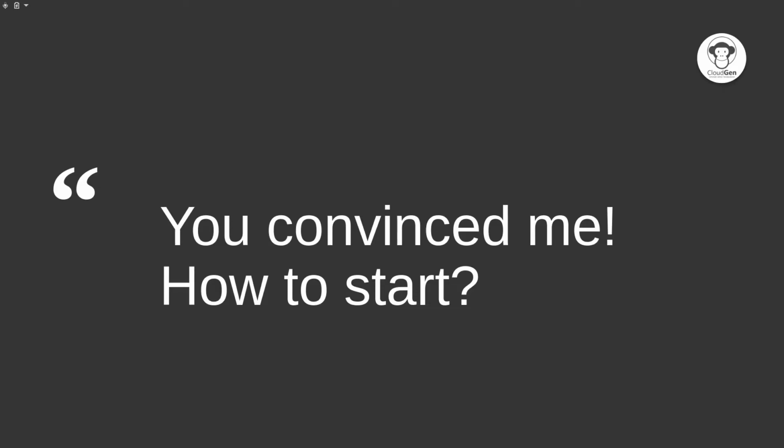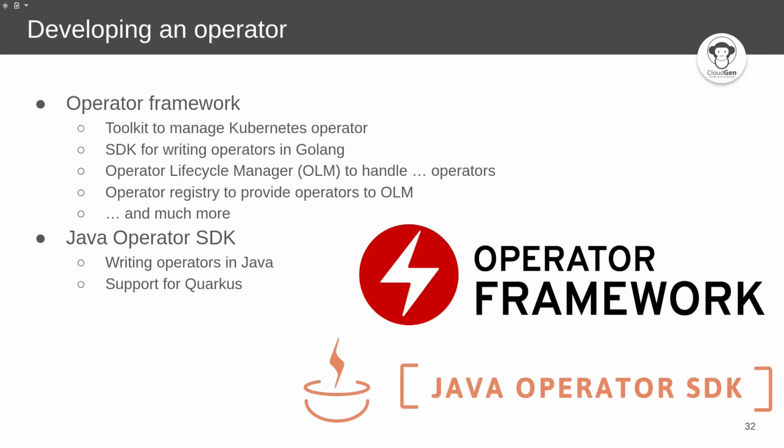But how to start? So I want to use an operator. You convinced me, but how to start to do that? As you already mentioned, the operator pattern was born at a company called CoreOS, and they developed an operator framework. Today CoreOS is part of Red Hat, so Red Hat engineers are working on this.